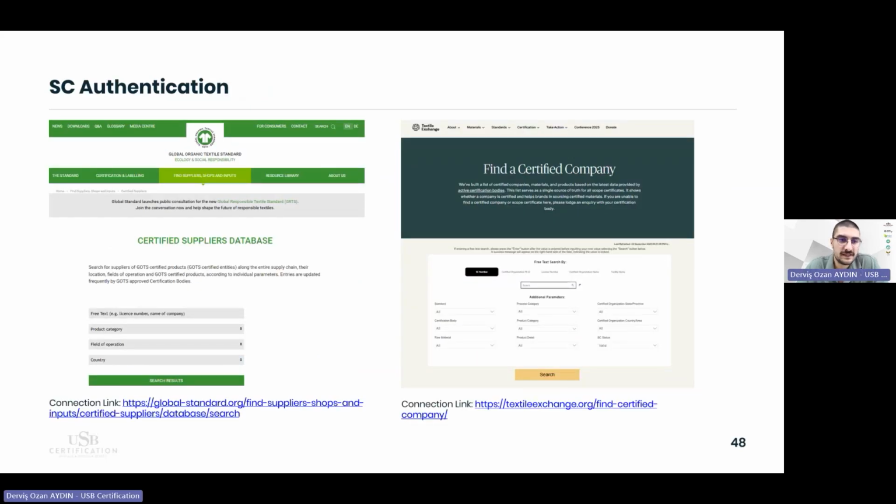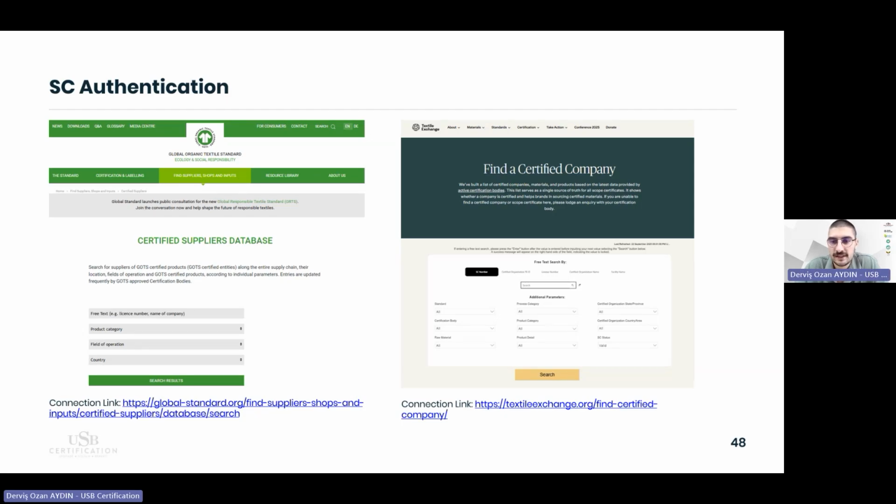So to verify these scope certificates, there are two databases. The first database is the GOTS database, which we mentioned in the link down below.